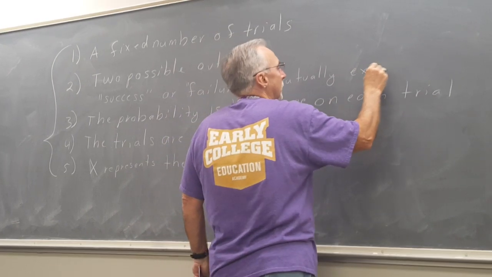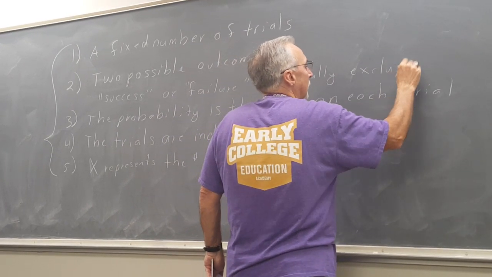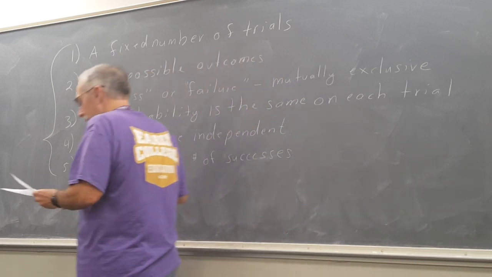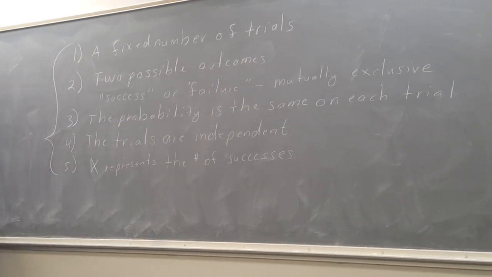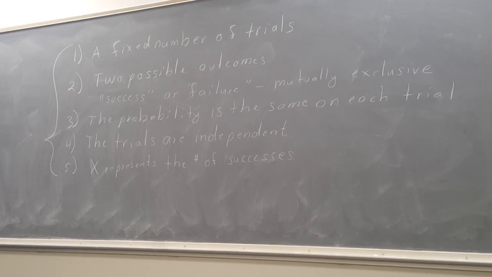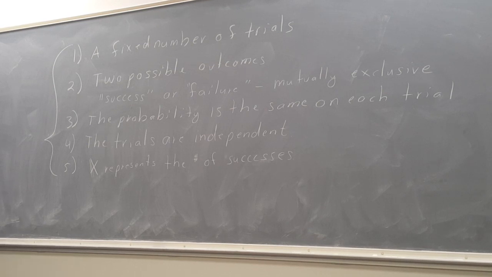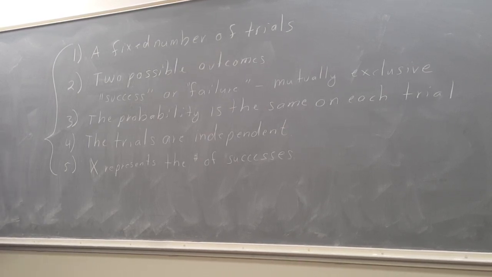You can't do both at the same time. And X still represents the number of successes, always. So that is the key out of this section so far. These 5 things and understanding your variables.